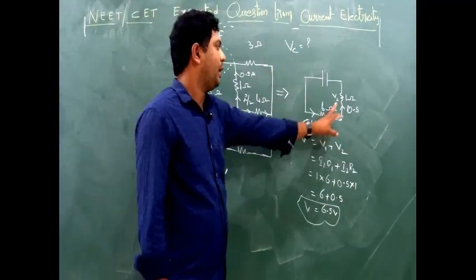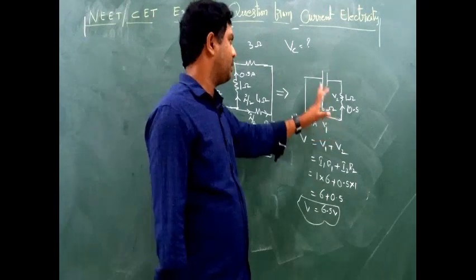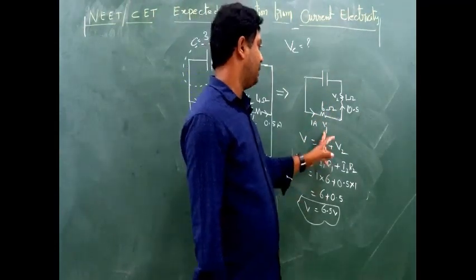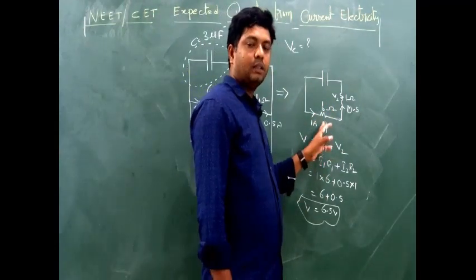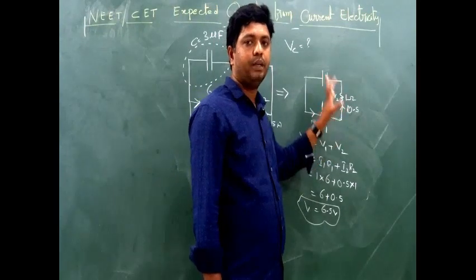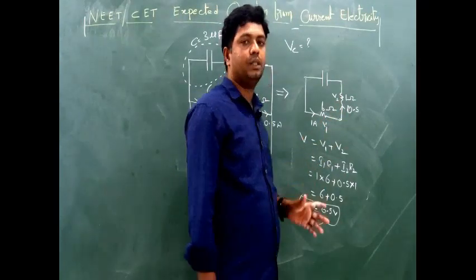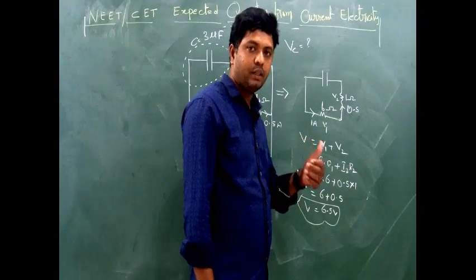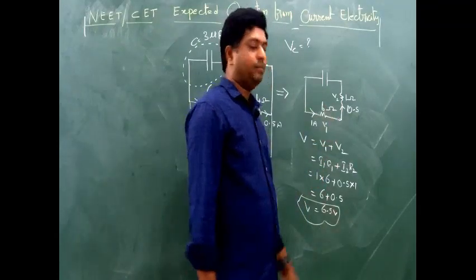You need the potential difference across the capacitor. For that, the 6 ohm and 1 ohm resistors are responsible. Let the potential across the 6 ohm be V1 and across the 1 ohm be V2. Total potential is V1 plus V2, because potential is a scalar.